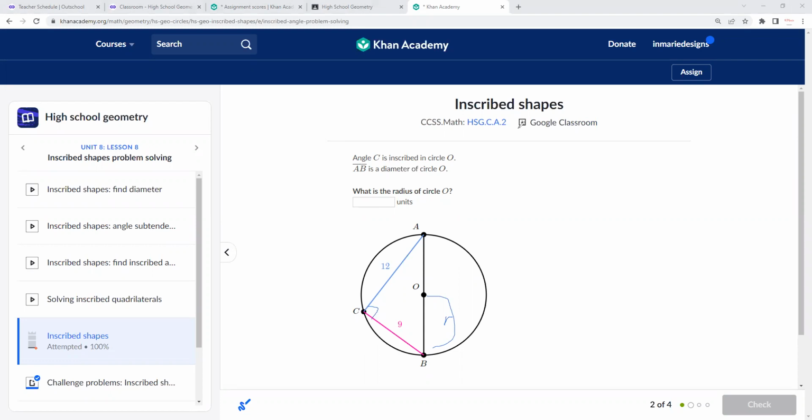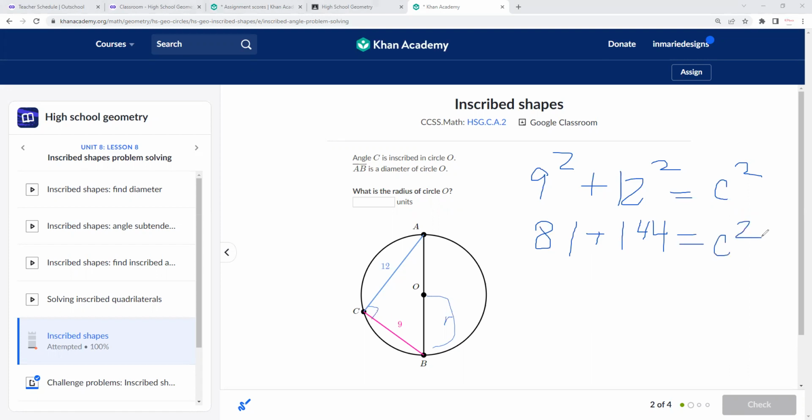So Pythag theorem. This gets me 81. This gets me 144. Equal that to C squared.